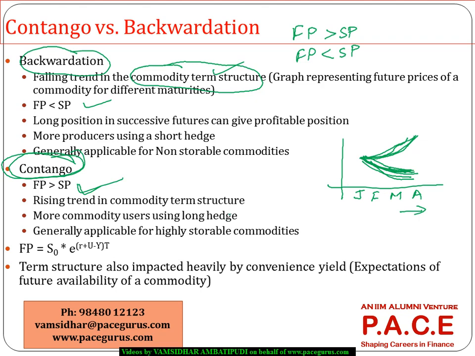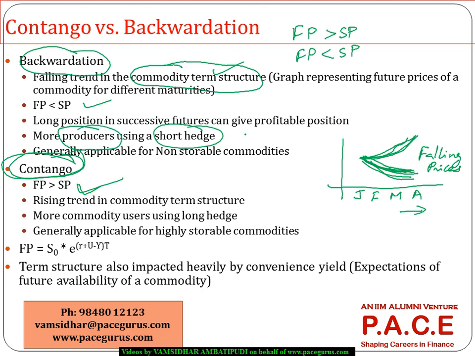When there are more and more short hedges, meaning a lot of people want to protect themselves against the falling prices, right? So a lot of sellers, producers of commodities.